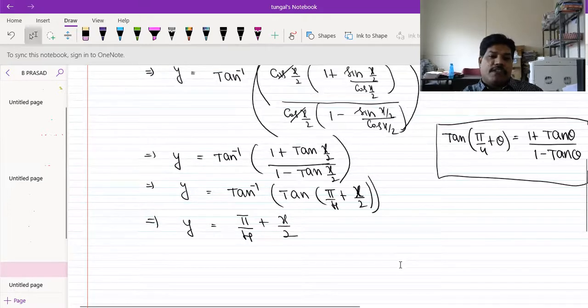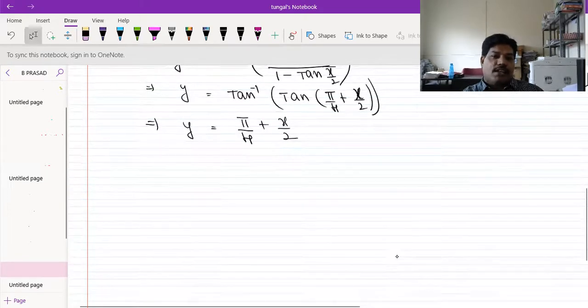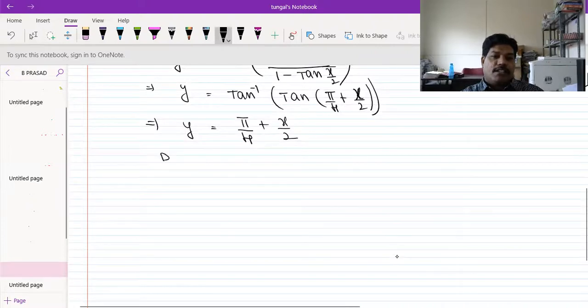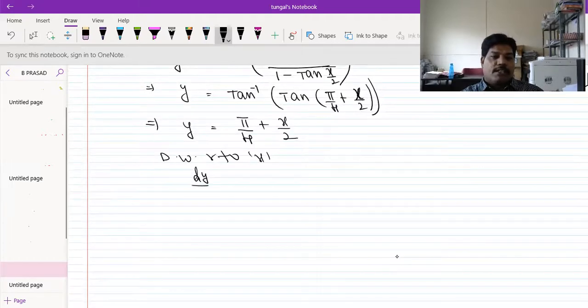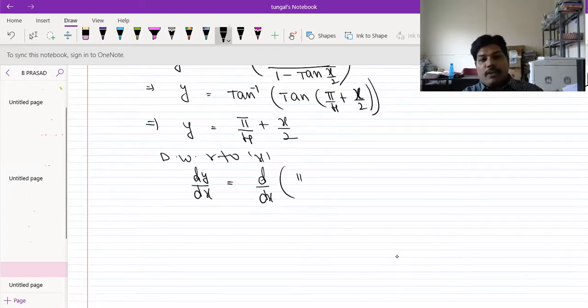Just differentiate with respect to x. What happens, students? dy by dx is equal to the derivative of (pi by 4 plus x by 2).